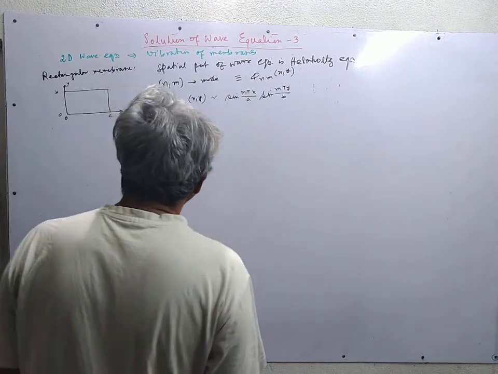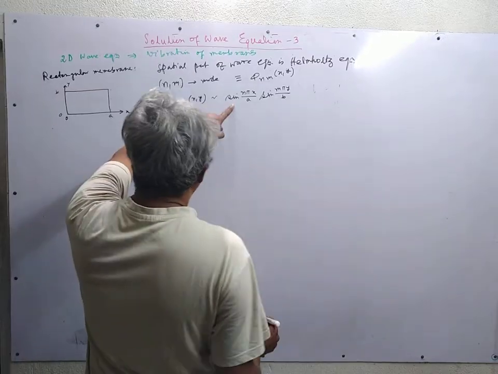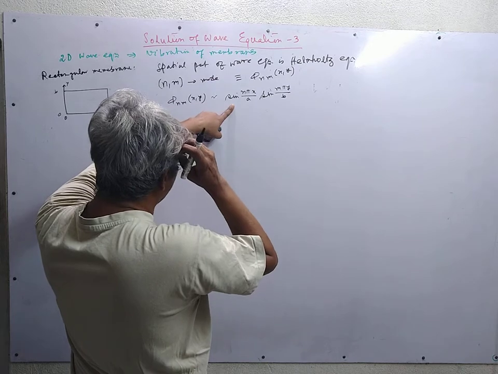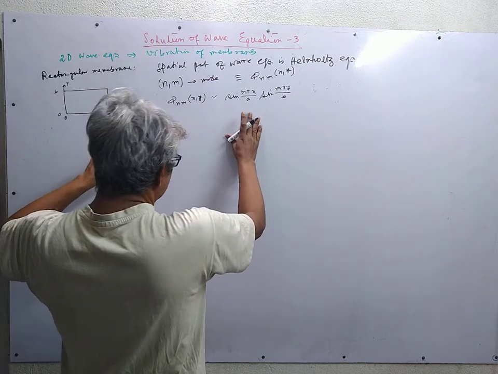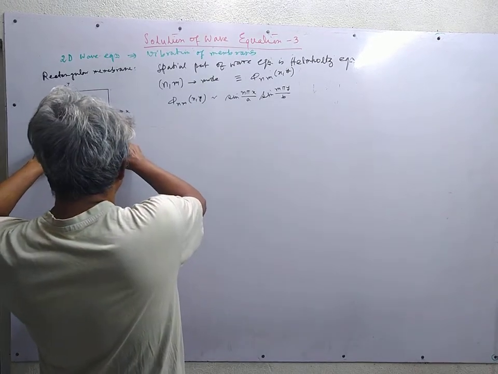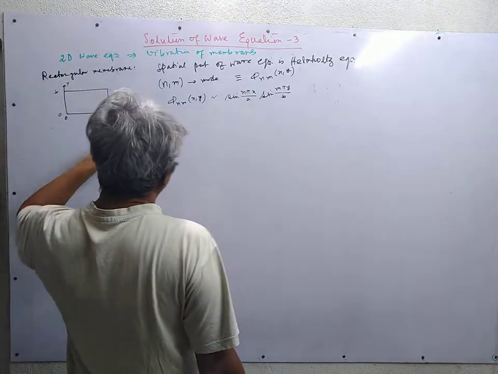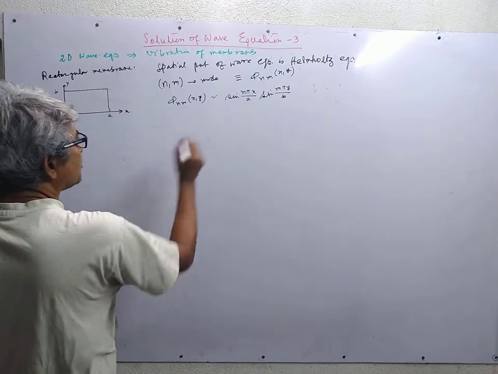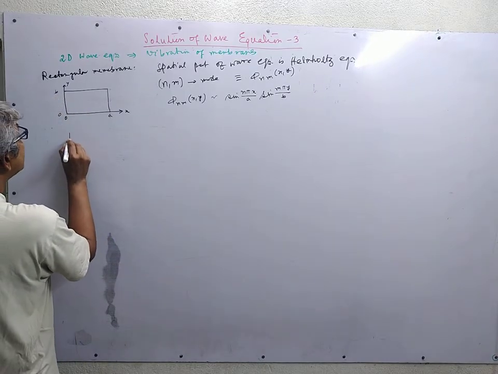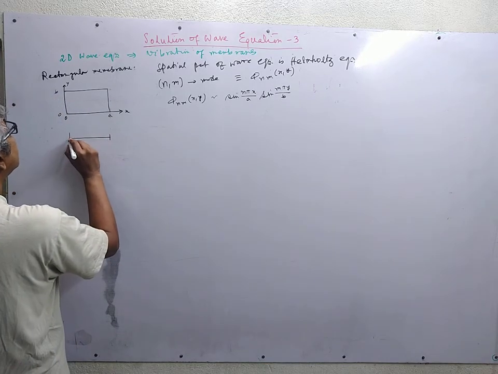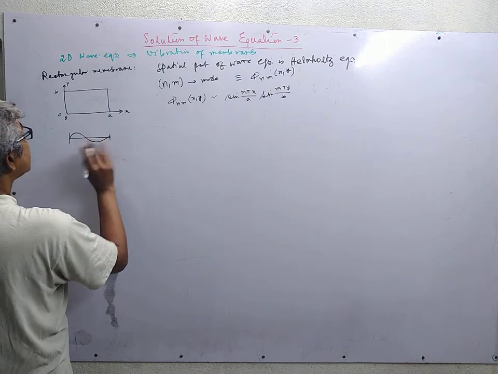So we see for a given value of n, it has zeros at x is equal to 0 and a. For n is equal to 1, the solution is like this.